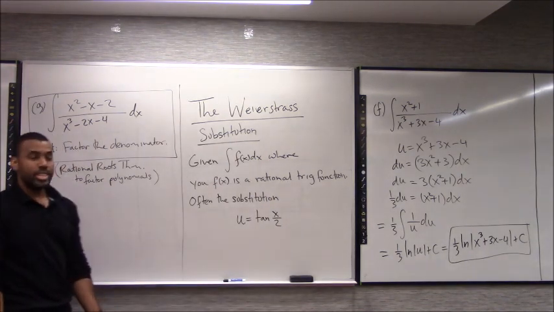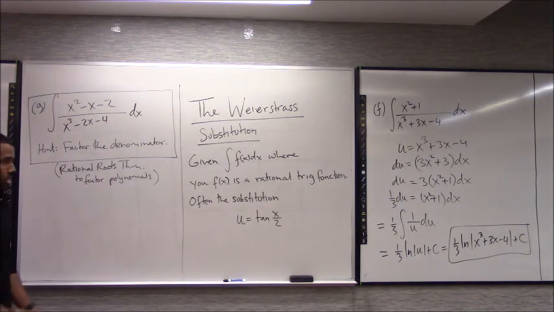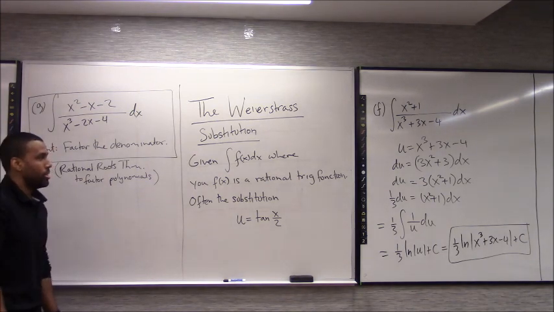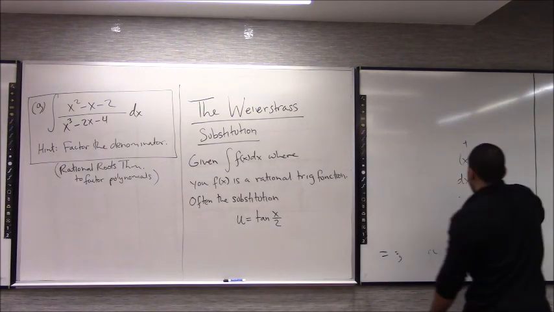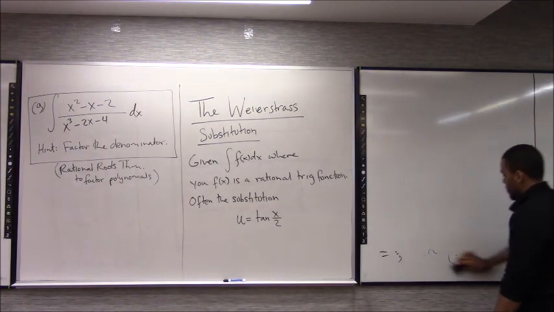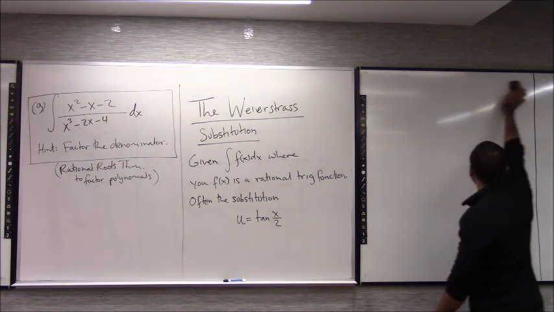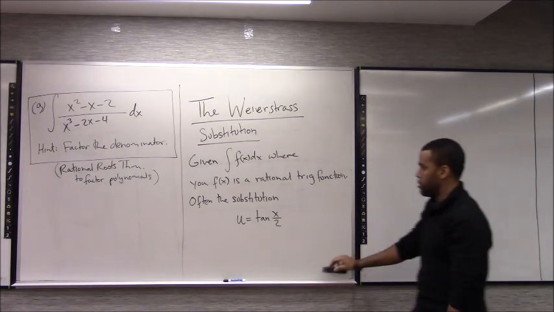We're going to introduce a tangent function into this. And you might wonder, like, how is that going to actually help? But it's a very cool substitution. It's called the Weierstrass substitution.